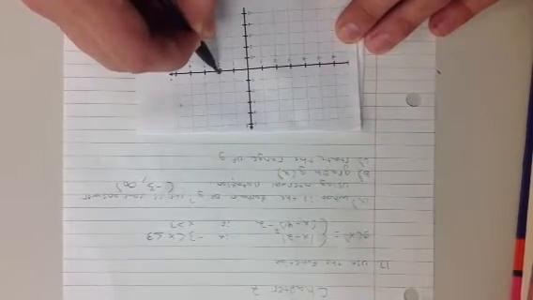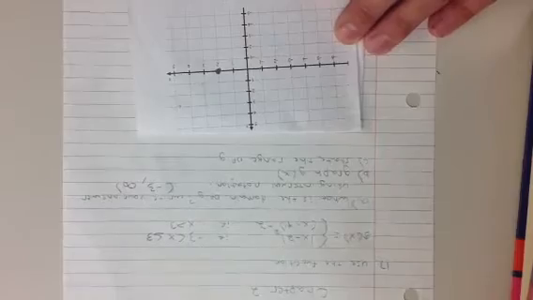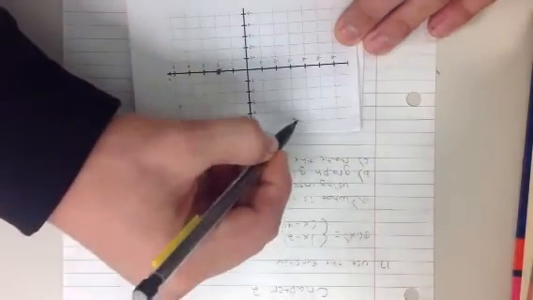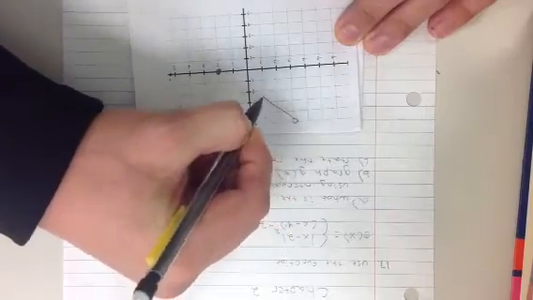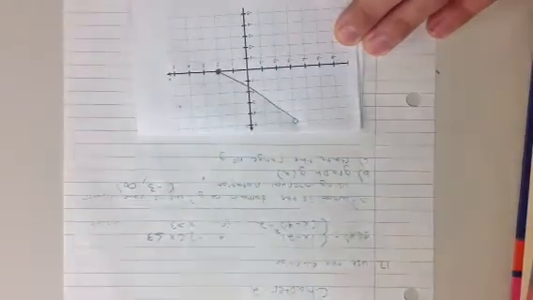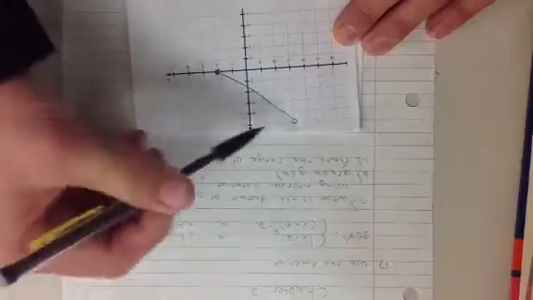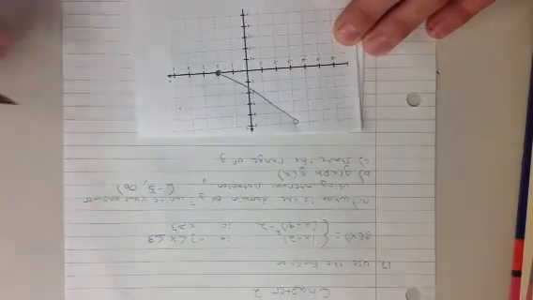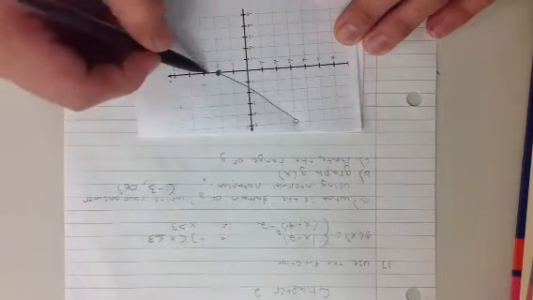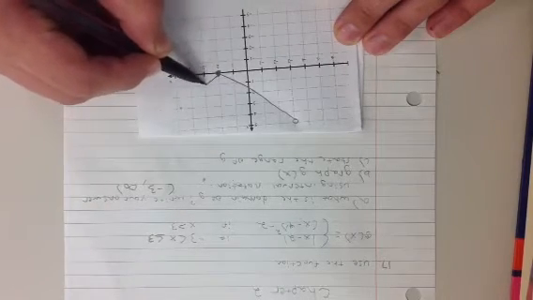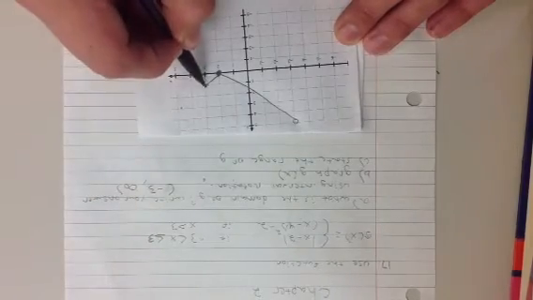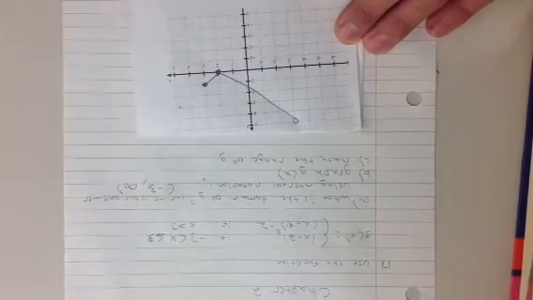So we'll draw a point at 2, 0, and then we'll draw the V-looking shape until x equals negative 3, which is right here. And when x equals negative 3, it's negative 3, 5. And then we'll draw it in the opposite direction until x equals positive 3, and it'll be a closed circle because it says less than or equal to 3. So it'll be a closed circle like this.